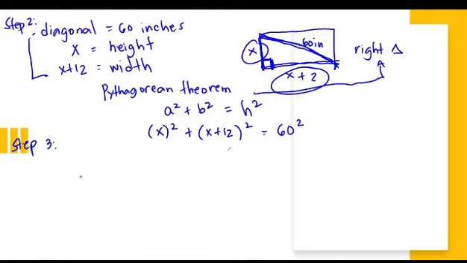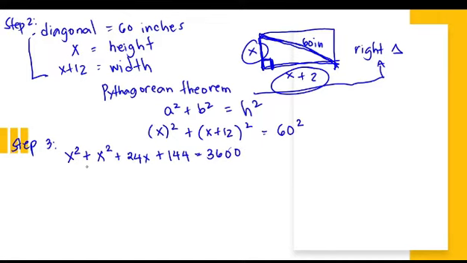We will have x squared, ayan, the square of x, plus, so this is a square of binomial. We can translate it as x squared plus 24x plus 144 equals 60 squared is equivalent to 3,600.